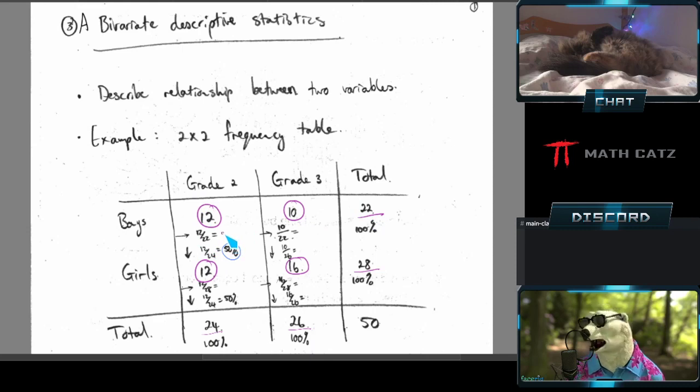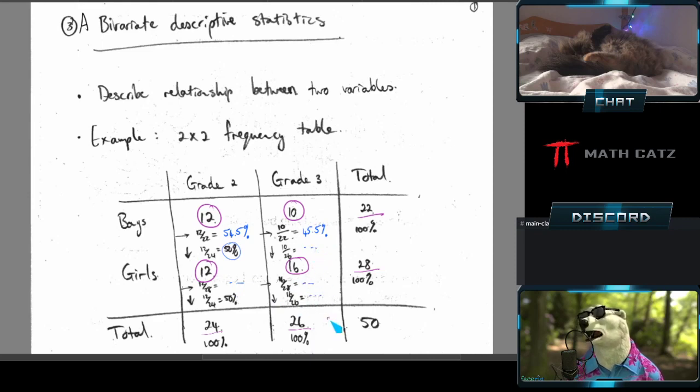If I round it to one decimal place, 54.5 percent of the boys in this data set were in grade 2. And the other side of it, from boys in grade 3, 10 out of 22 is 45.5%. You can calculate these others, and I'm going to leave it to you.